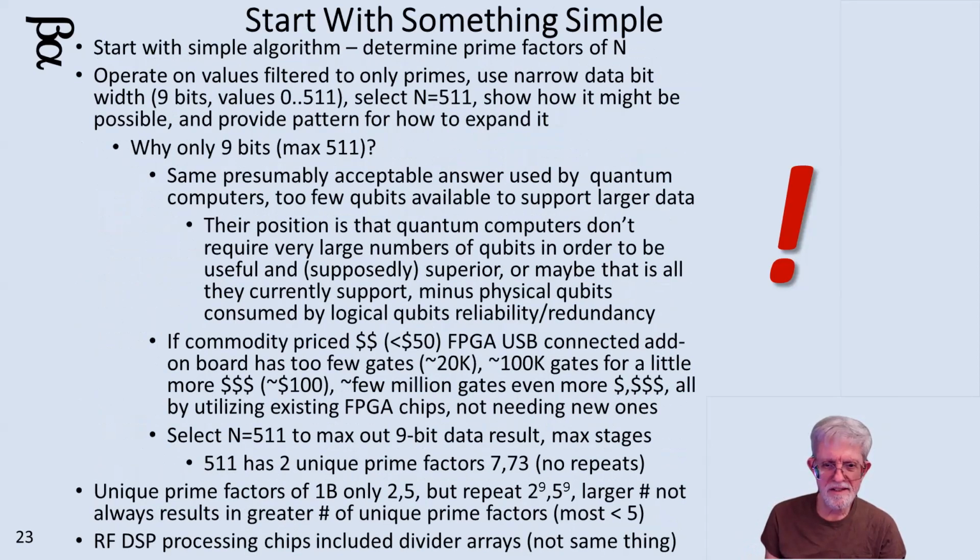So let's start with something simple. I want to factor the primes of a number n. This is used in encryption and other things. But using my cheap 20,000 gate array, how many values could I get out of this thing? It turns out it's 9 bits.